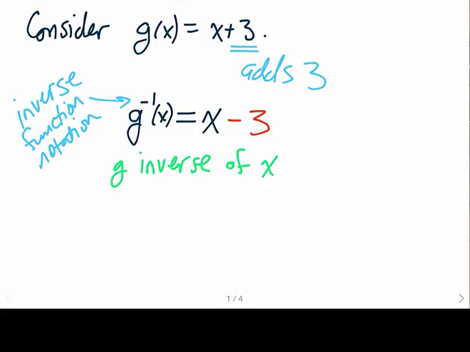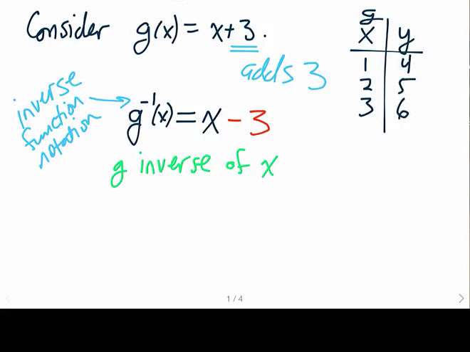If we consider a table of ordered pairs for the function g, if we input values like 1, 2, and 3, since g adds 3, we will get 4, 5, and 6.